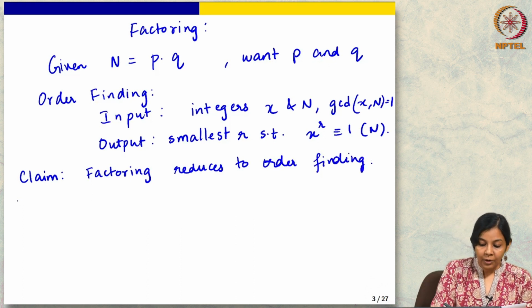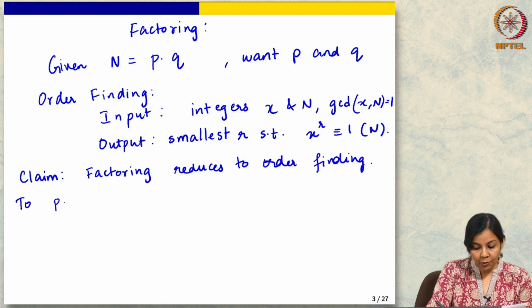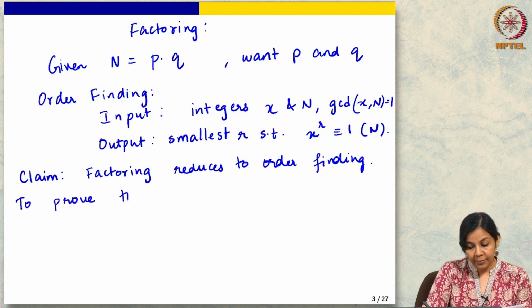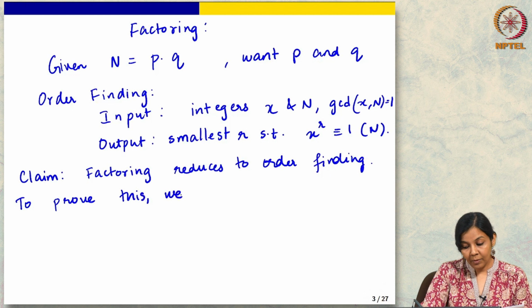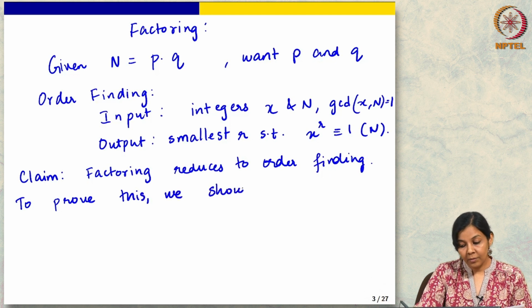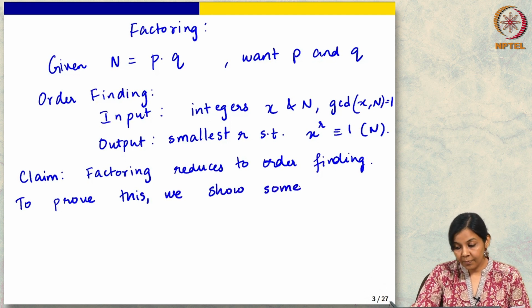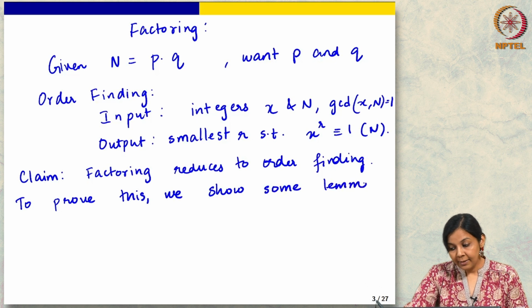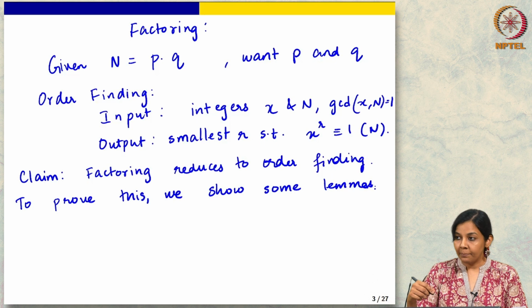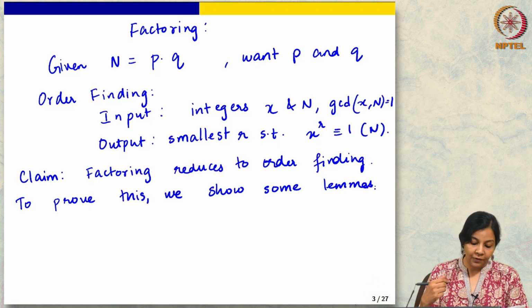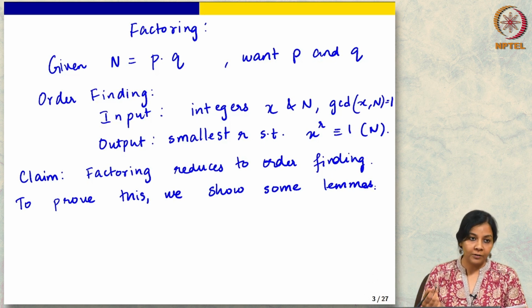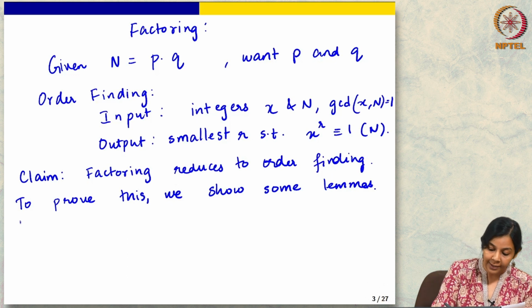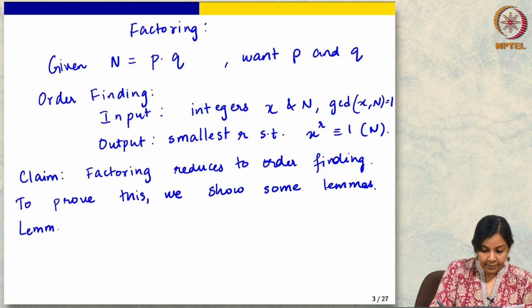In order to prove this, we will show some lemmas. And in particular, we take this intermediate step. We first reduce factoring to computing a non-trivial square root of 1 mod n. So, let us first see that. So, here is a lemma.